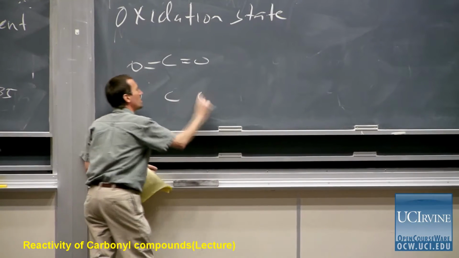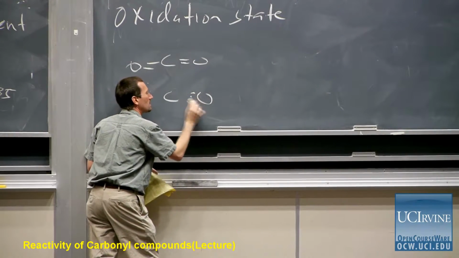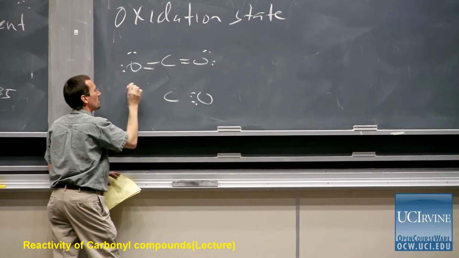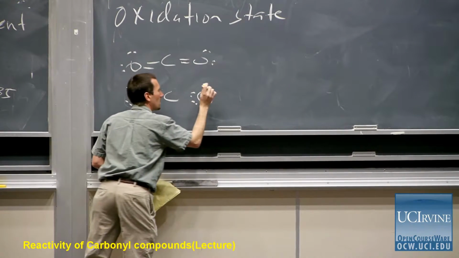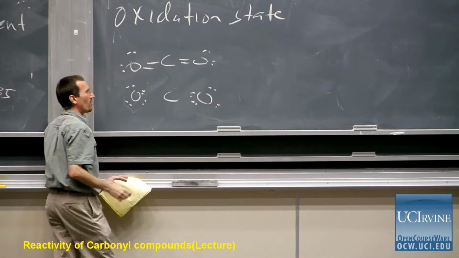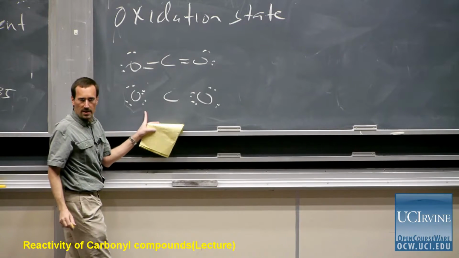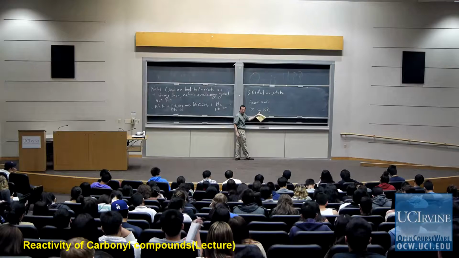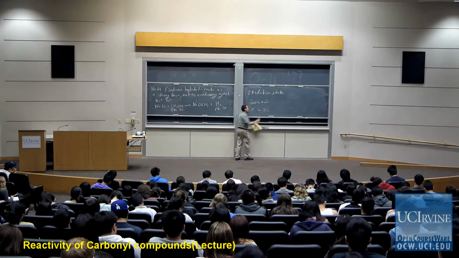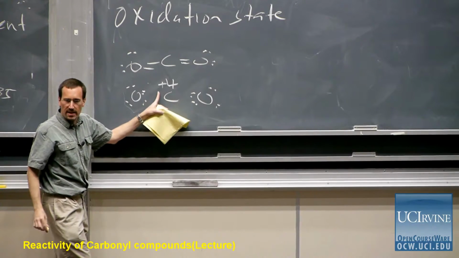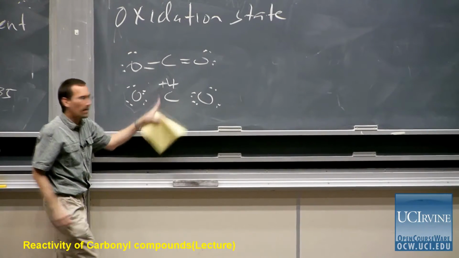The game is that we give all those electrons, I'll even be good and write my Lewis electron dot structures. We give all those electrons to oxygen and leave none for carbon because oxygen's more electronegative. Because we had a net 4 nuclear charge, the oxidation state is +4.